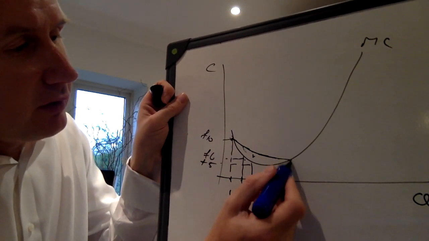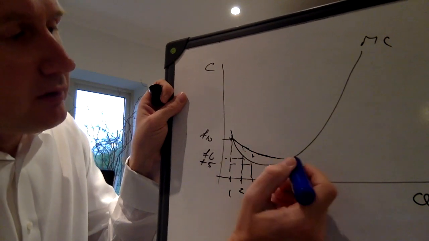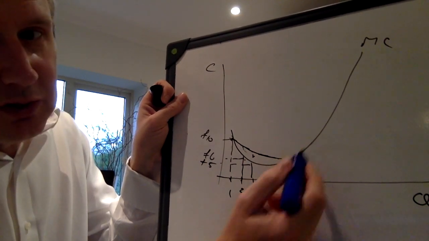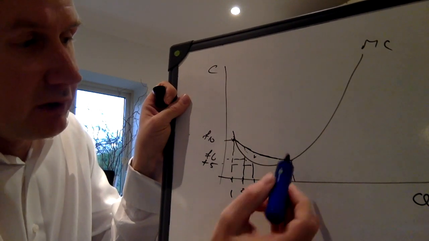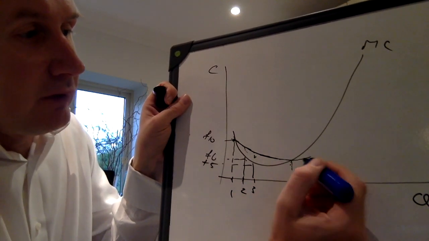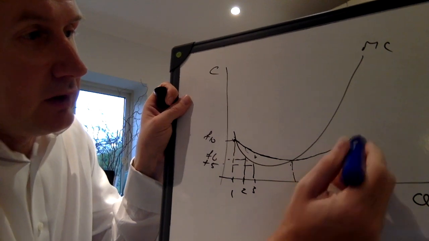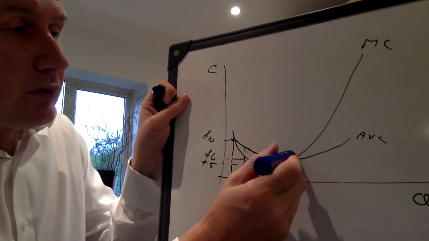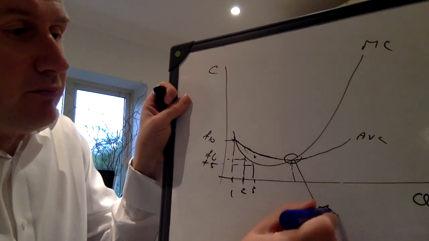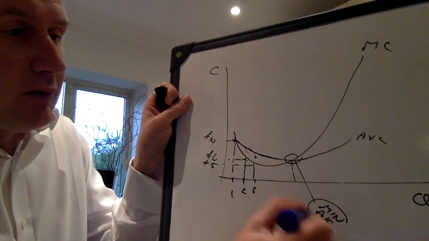After that unit there, now the marginal is above the current average. Therefore, our average variable cost line is going to start rising like that, and therefore marginal cost passes through the minimum point of the average variable cost.